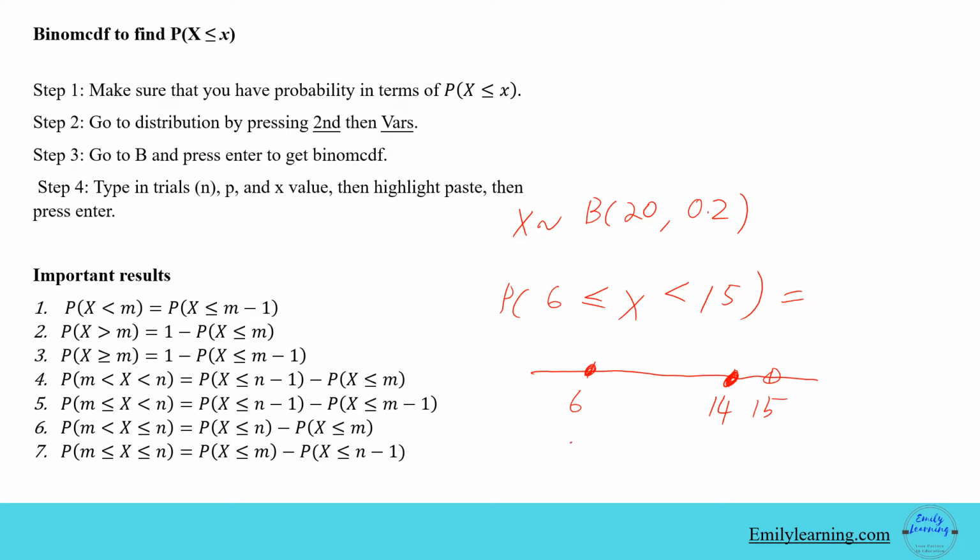So it's basically from 6 to 14, right? So I'll draw the number before that. So I want to take everything. So I'll take P of x lesser than or equals to 14 minus, because I want to include 6, so I don't minus away 6. So I'll minus P of x lesser than or equals to 5. All right?